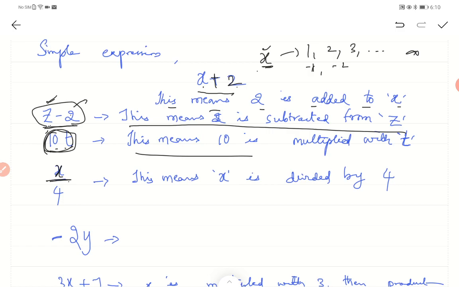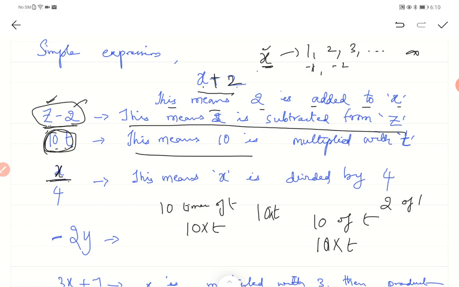For 10t you can say 10 of t, that means 10 into t. Remember, multiplication you call a product. You can say times: 10 times of t means 10 into t. Twice of t means 2 into t.